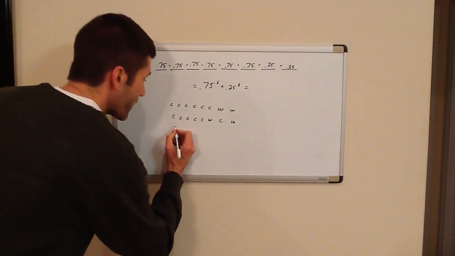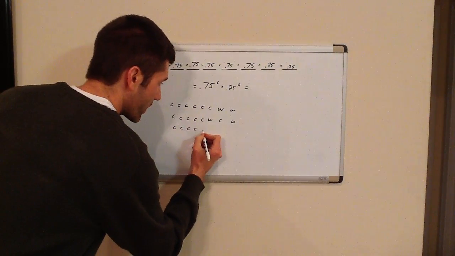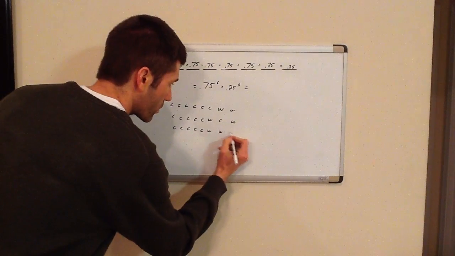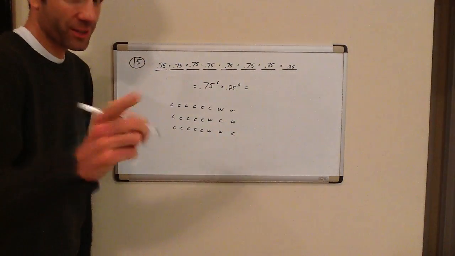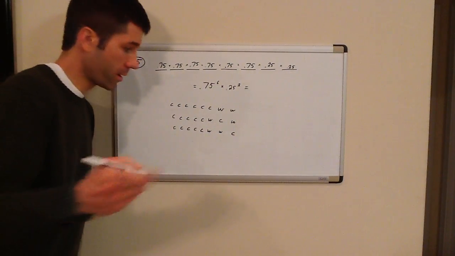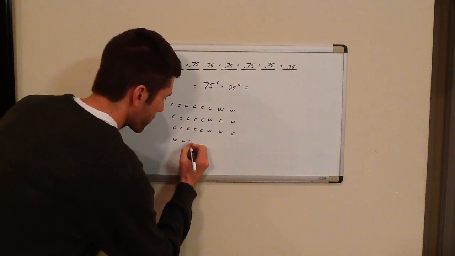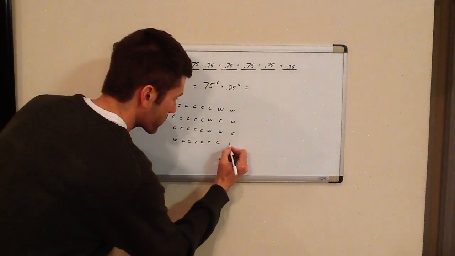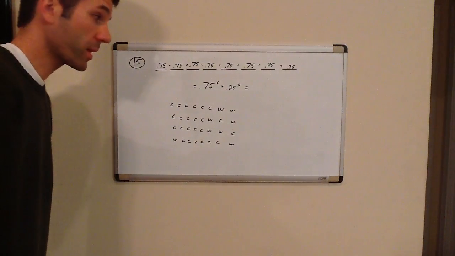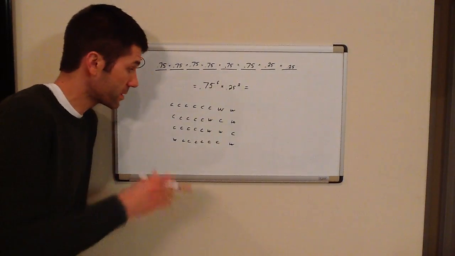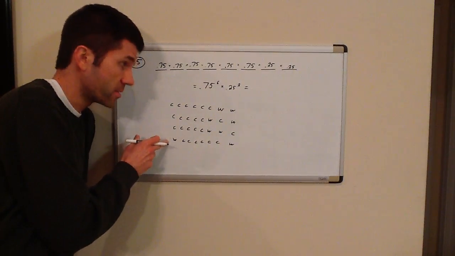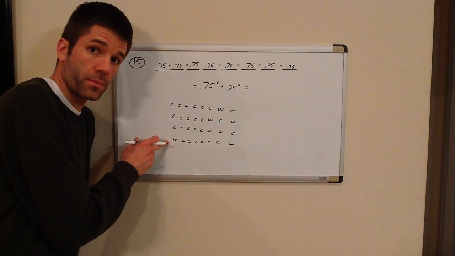She could do correct, correct, correct, correct, correct, wrong, wrong, correct. We could do this all day, right? We could do wrong, correct, correct, correct, correct, correct, correct, wrong. We can put them in all kinds of places, so the question really is, how many of these are there?